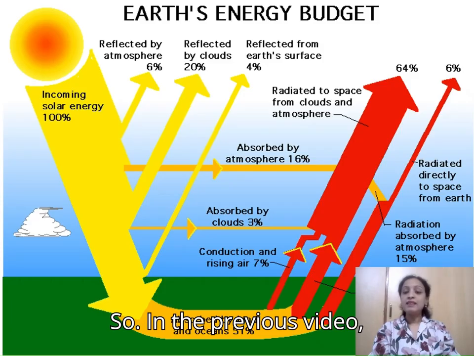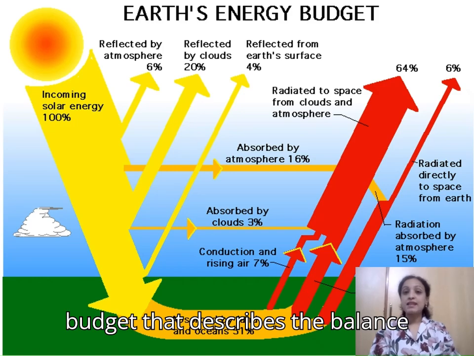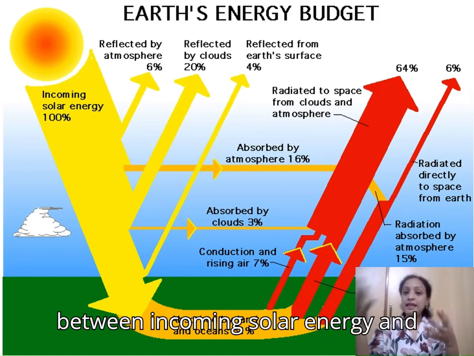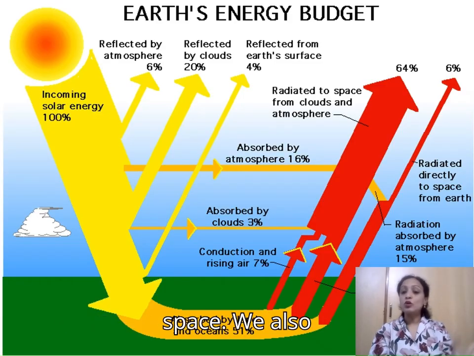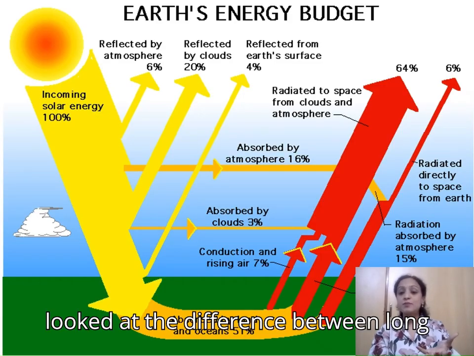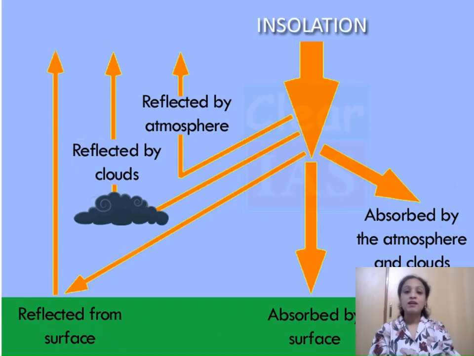So in the previous video, we discussed the Earth's energy budget that describes the balance between incoming solar energy and outgoing energy radiated back into space. We also looked at the difference between long wave and short wave terrestrial radiation.